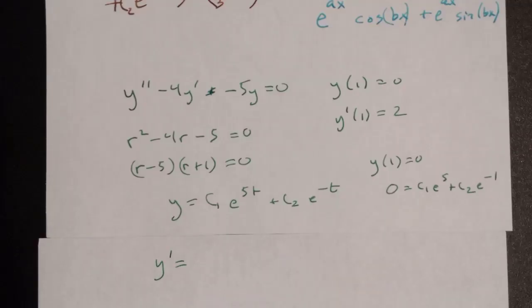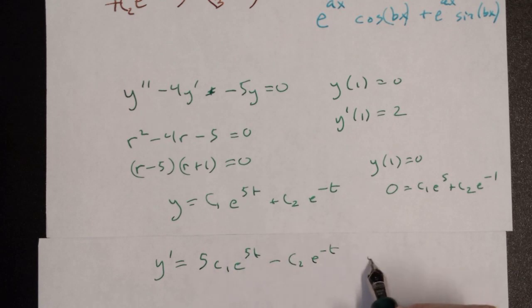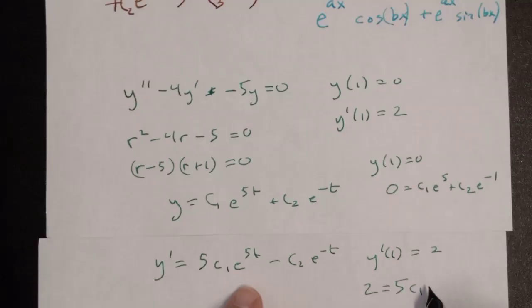What's y prime? So y prime of 1 equals 2 means that 2 equals 5c1 e to the 5 minus c2 e to the negative 1. And now I can use two equations in two variables to solve for C1 and C2.